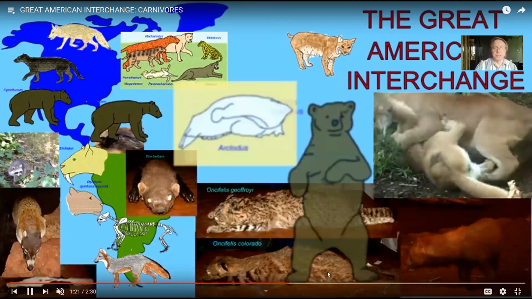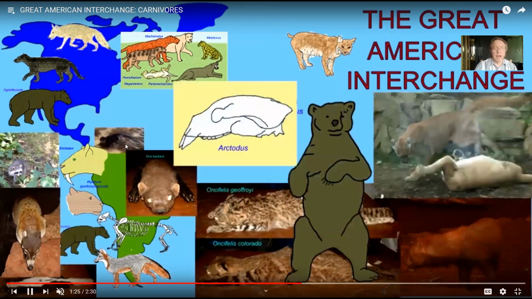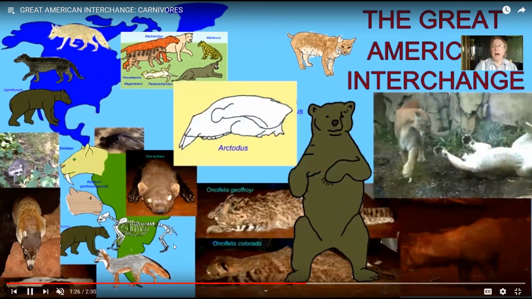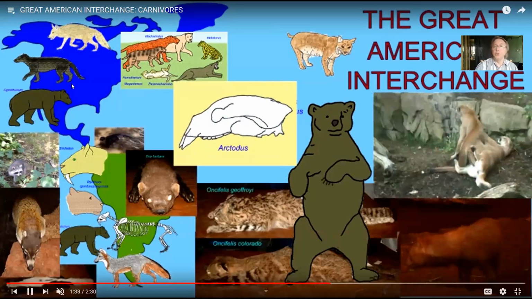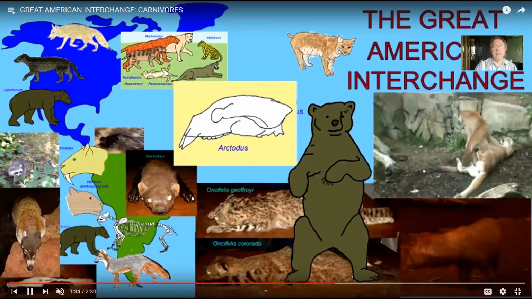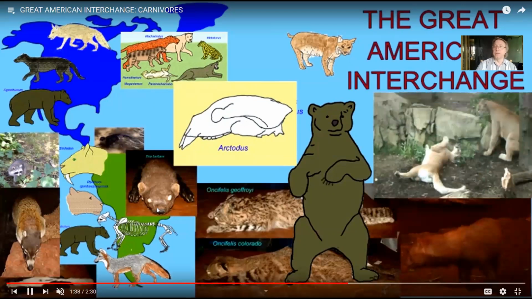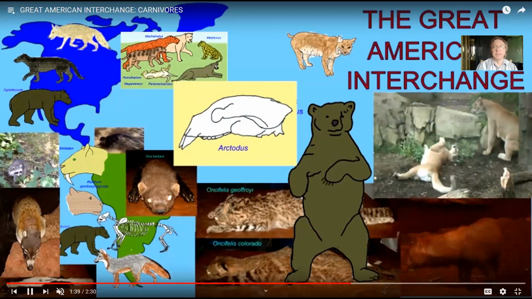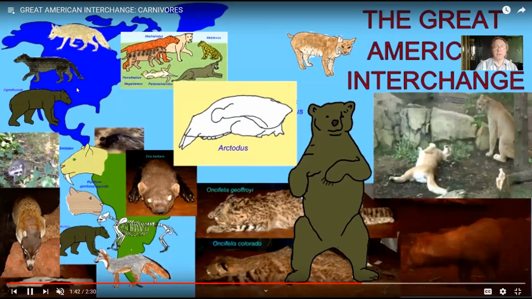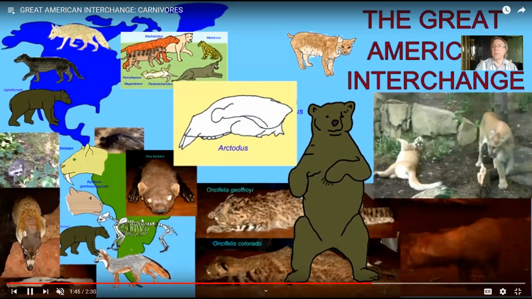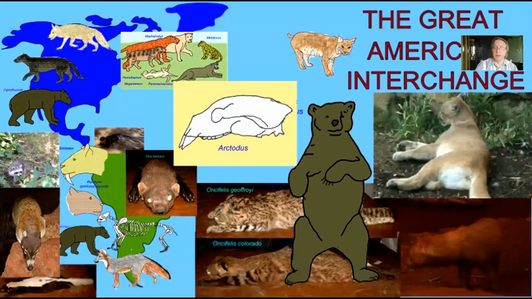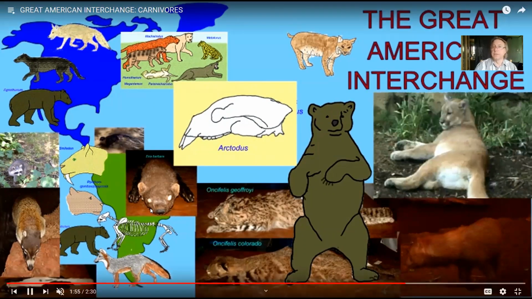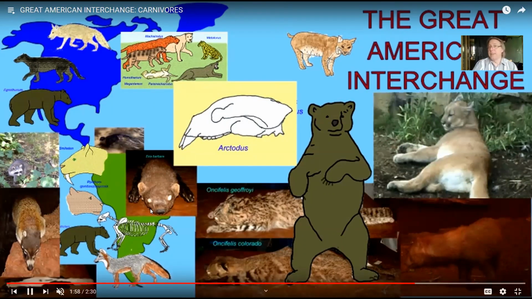Now, not only are there bears in South America today, like in Colombia and Venezuela, but one of the bears, which was already huge in North America, then when it got to South America, evolved into an even larger species. So Arctodus from North America evolves into Arctotherium in South America, which we estimate could be 1,000 pounds heavier than the largest polar bear. So it was the largest carnivorous mammal we think ever.